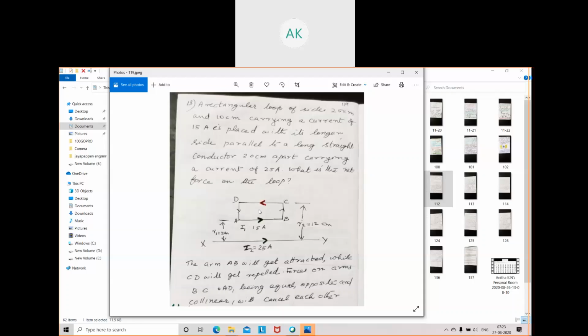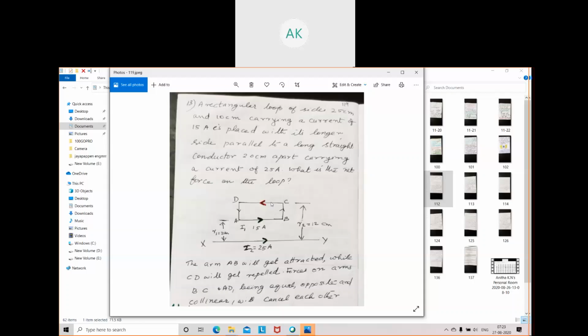The force acting on each will be I L B sin theta. The force acting on conductor BC will be equal and opposite to the force acting on conductor AD. So in effect, the net force due to these two conductors will be cancelled, and we only have to discuss AB and CD.